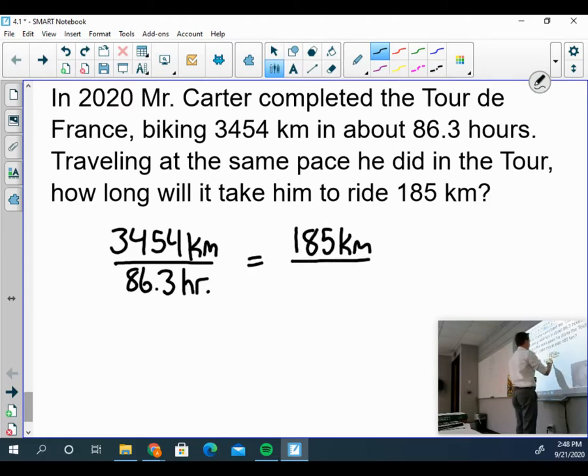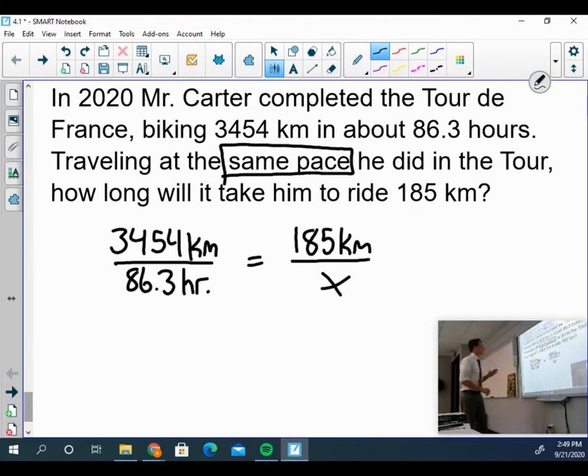Notice again, kilometers is on the same side. It's on the top in both. Well, I don't know how long that is, so I'll take a variable there because that's what I'm trying to figure out, the number of hours. Again, I can set up the proportion because of the phrase same pace.